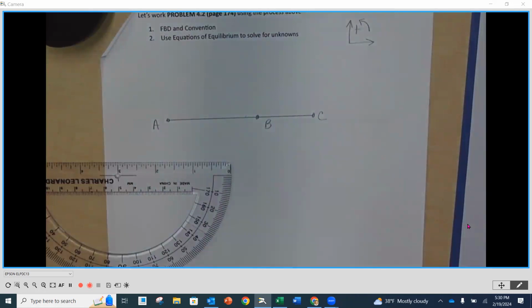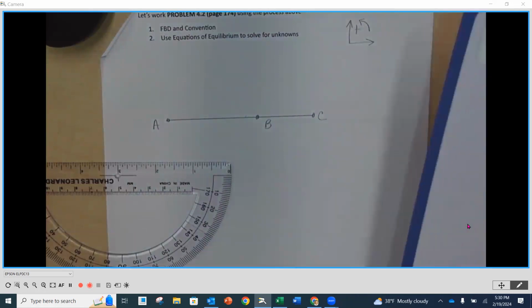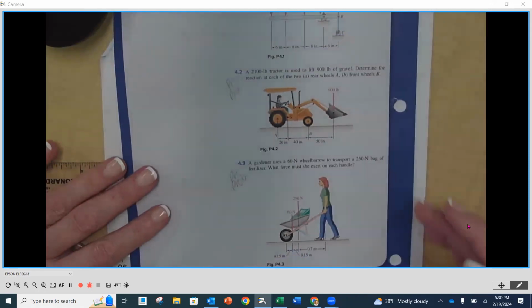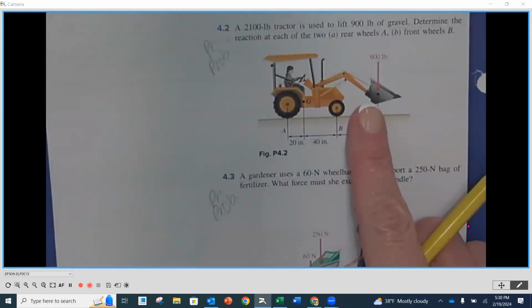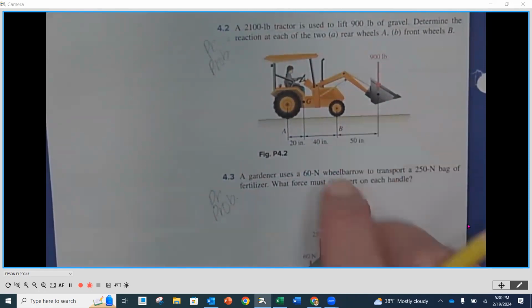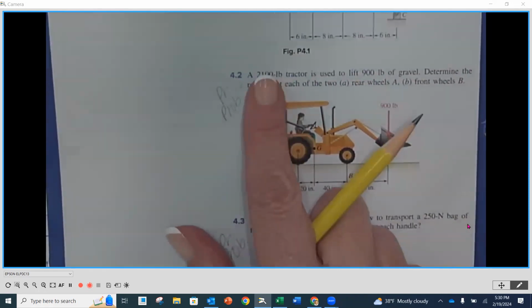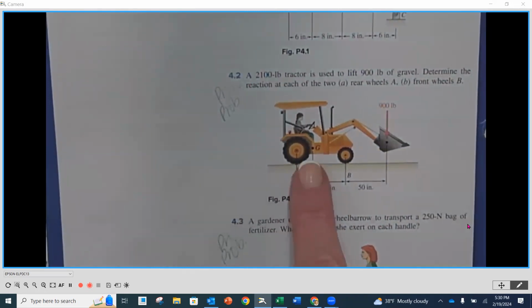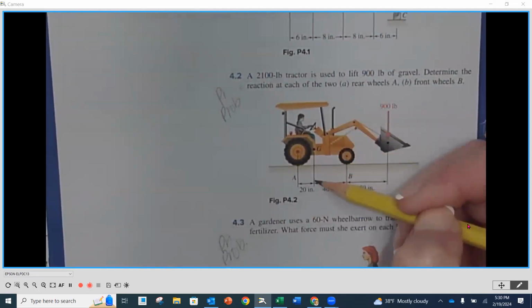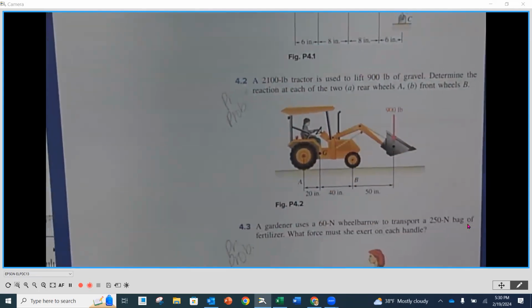Now, applied loads that we can see on here. I always like to do applied loads first, and then I'll go back and do my reactions. It really doesn't matter which order, honestly. I've got an applied load of 900 pounds, and in my problem statement, it told me that my tractor weighs 2,100 pounds. So at the center of gravity where G is, we are going to concentrate that 2,100 pounds going straight down because that's the weight of it.